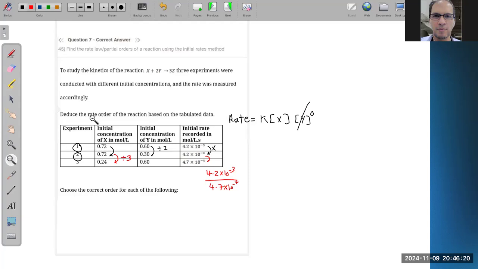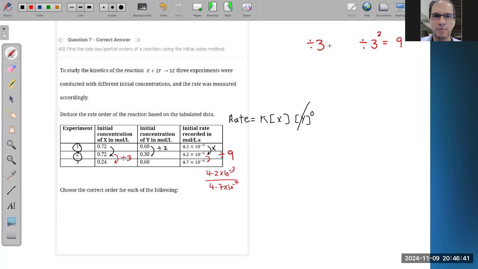So this means, when you decrease this one by 3, you decrease this one by 9. So this means that x is which order? 2. انت قلت لي يا مستر when you do an effect for 1 and the effect is squared, so this means that it is second order.